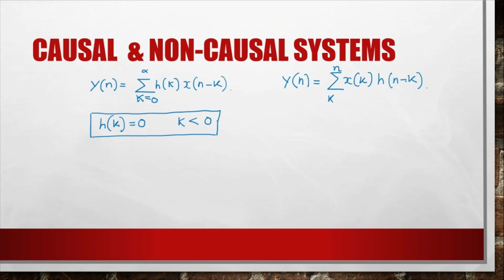If we take k as minus infinity, then n minus k becomes positive, so h is fine. We can take any negative value of k, but we cannot take values of k greater than n. So, for this expression to represent a causal system, we have to take care of the limits.